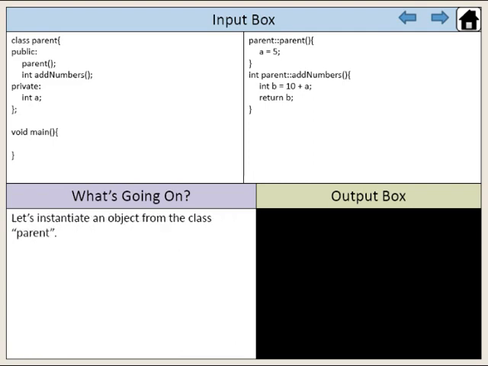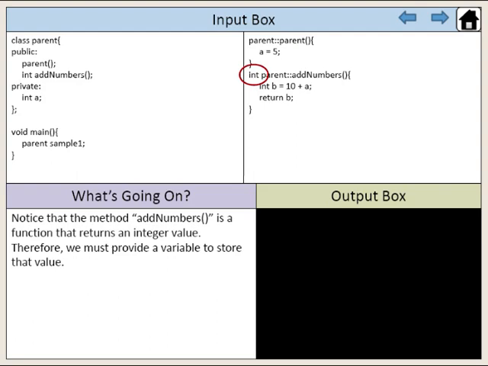Let's instantiate an object from the class parent. We'll call the object sample1. Notice that the method addNumbers is a function that returns an integer value.